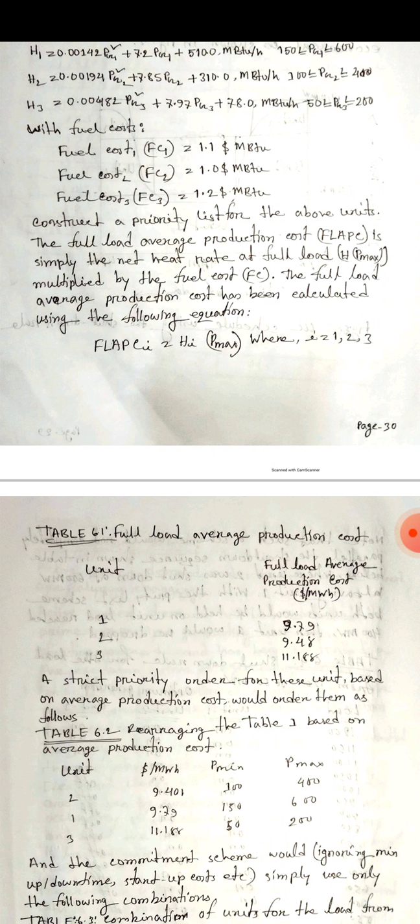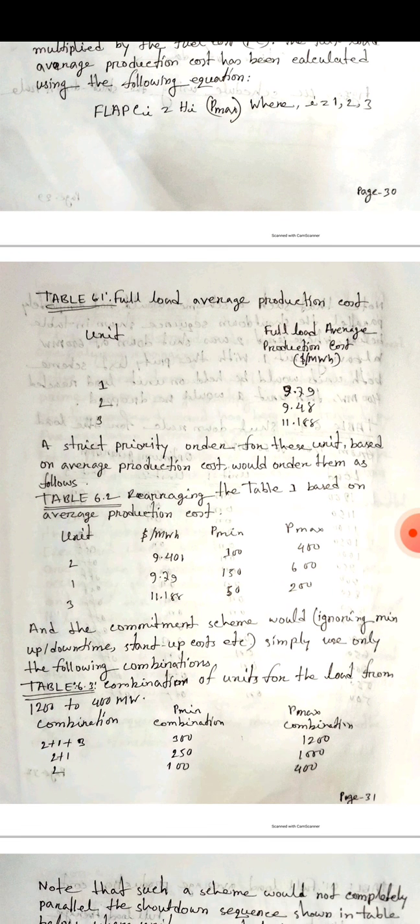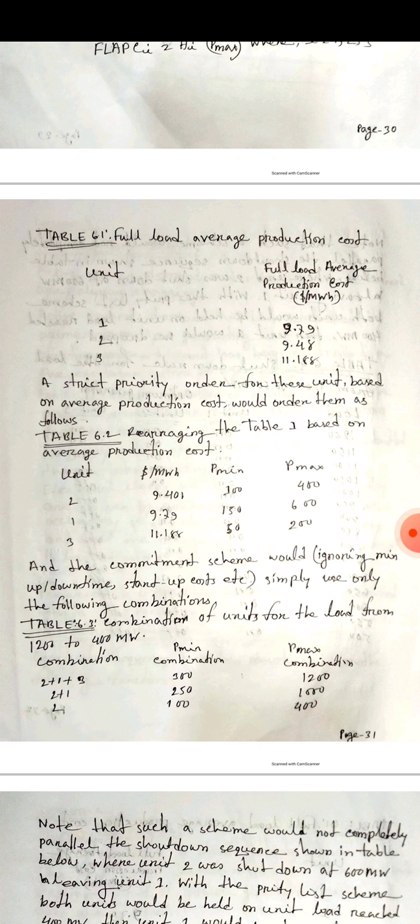Table 6.2 is based on table 6.1, on average production cost. Unit 1, this is cost per megawatt hour, power, maximum power and minimum power.